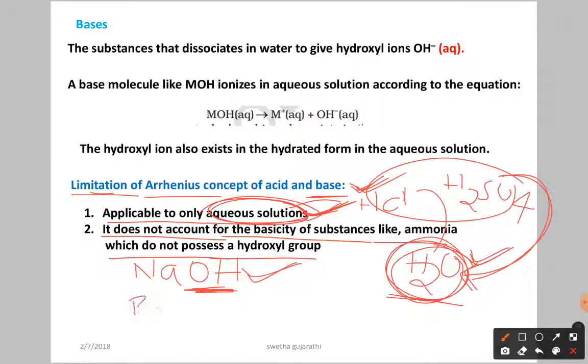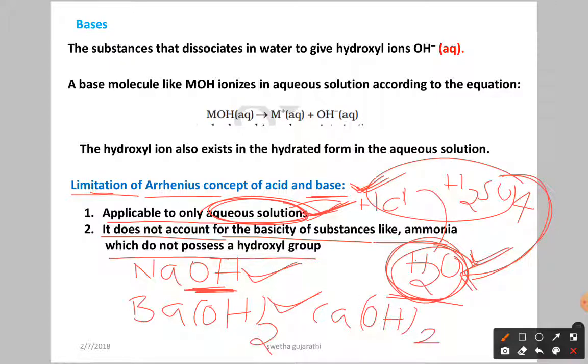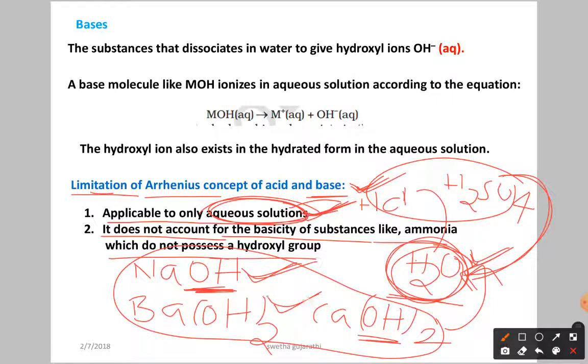Next, barium hydroxide also has an OH group, so it is a base. Calcium hydroxide also has OH, so it is a base. These compounds, if dissolved in water, give OH minus ions, and all have the OH group.